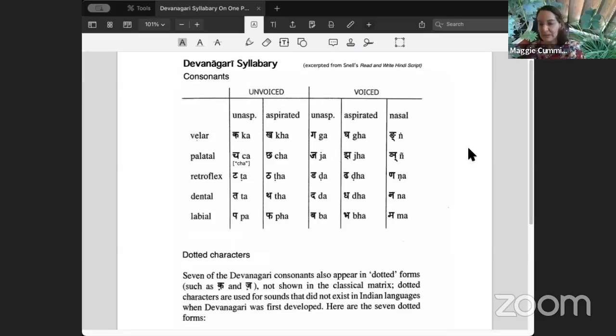Okay, who else would like to be brave? Donna? Go for it. Ka, kha, ga, gha. Beautiful, very good. Did you feel the air at the right time?